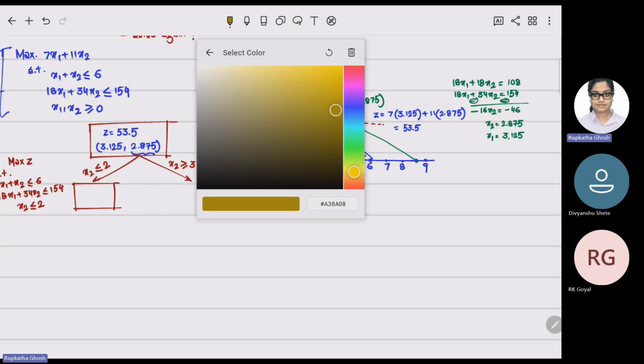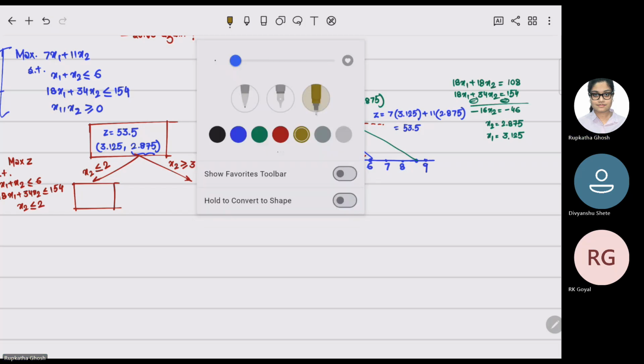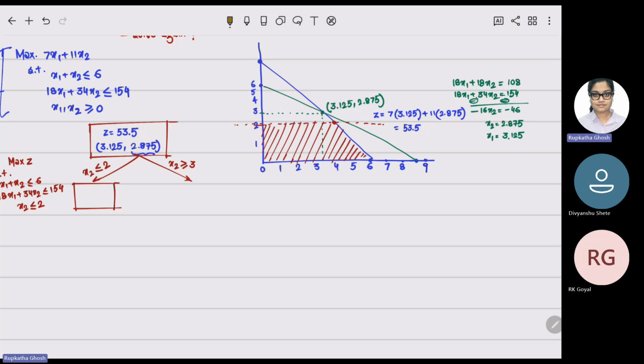So this is your x1 plus x2, and this is your 18x1 plus 34x2 less than or equal to 154 line.